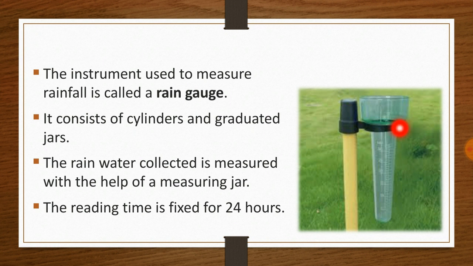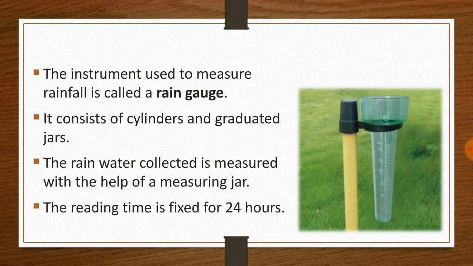Observe here. Yes, the rainwater collected is measured with the help of a measuring jar. The reading time is fixed for 24 hours, which means generally we measure the rain for a day.